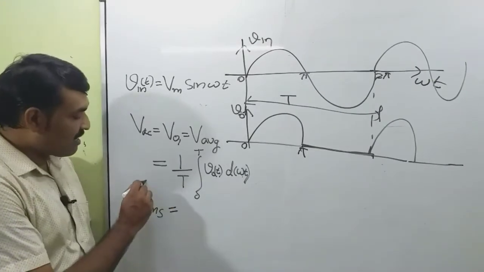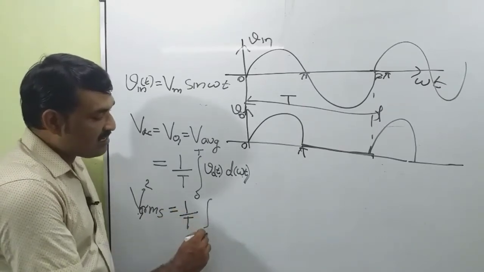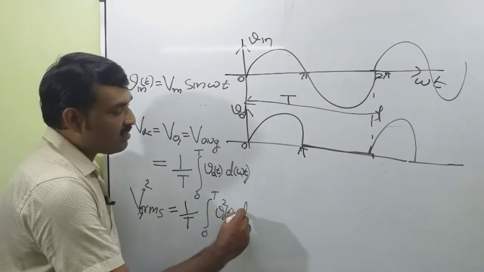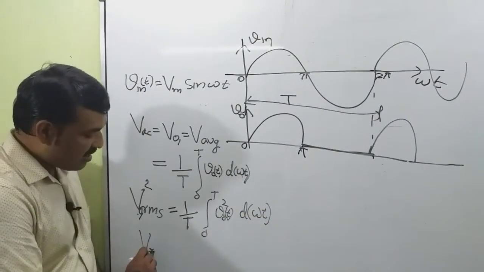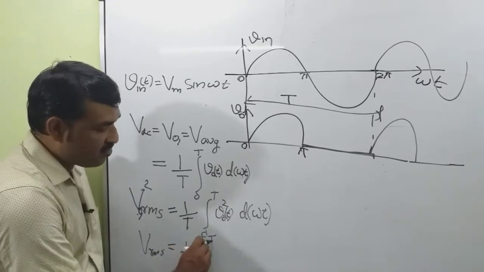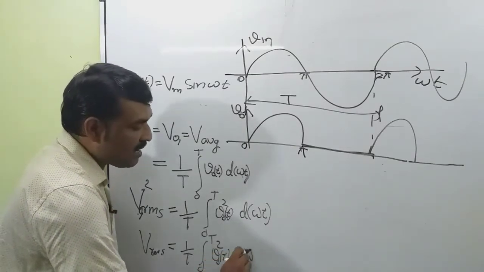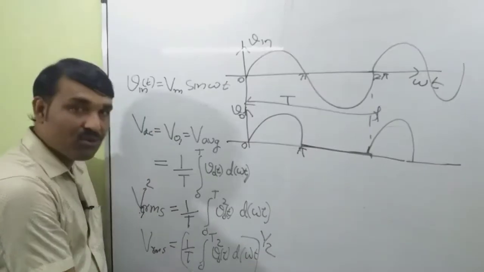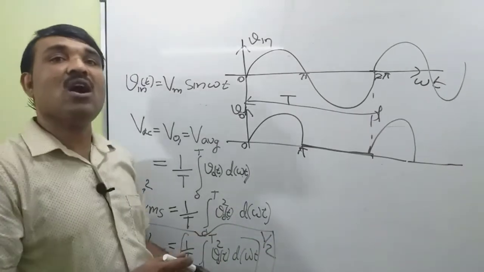That is equal to, we are taking the square of this value, 1 by T integral 0 to T V output signal squared, integrating with respect to d omega t, or we can say V RMS is equal to 1 by T integral 0 to T V0 square d omega t, this whole raised to 1 by 2. So I am taking the square root of this value. This is the expression for finding the RMS value of the output signal.